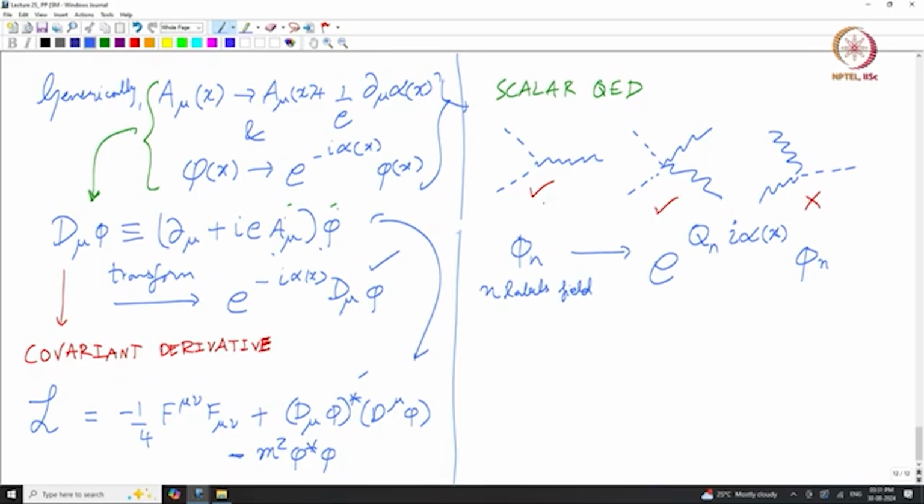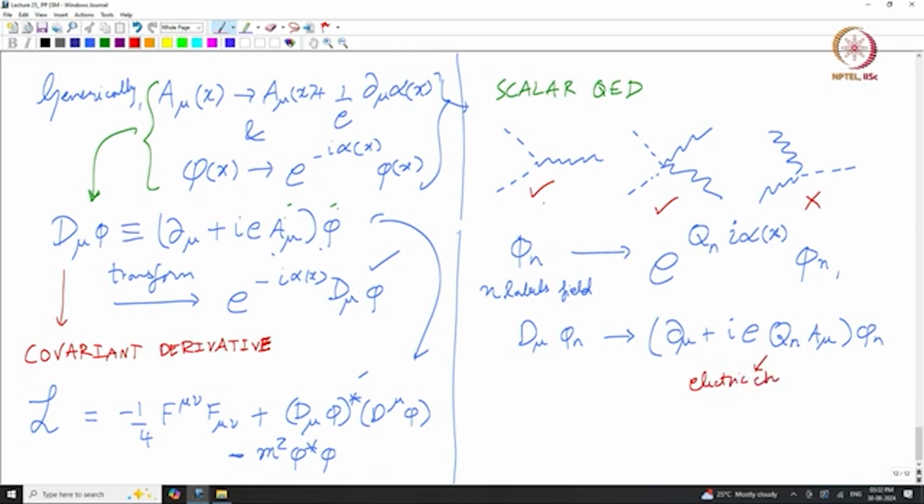Right. And how to write the covariant derivative? That would just mean I have partial mu plus i e Q n A mu phi n. Okay. So this is where electric charge comes from.